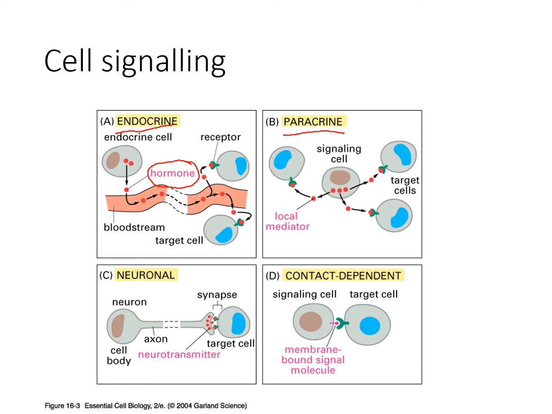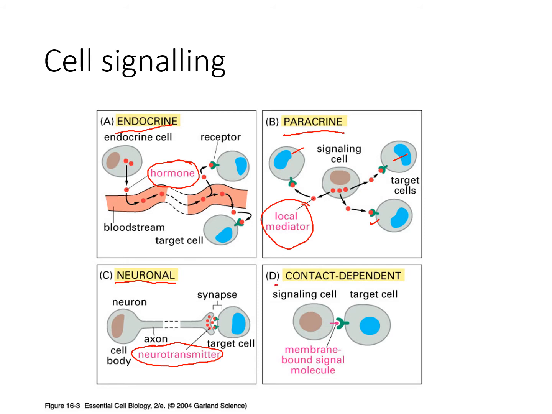In paracrine, the mediator is the local mediator, so the target is only at the neighboring cells. For the neuronal, it is specific for the neuron cells, and it involves neurotransmitter to be used as a signal mediator.